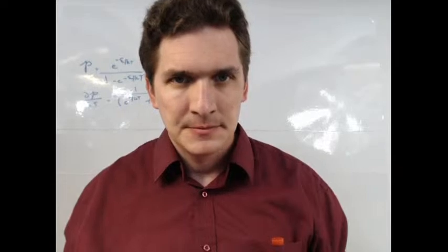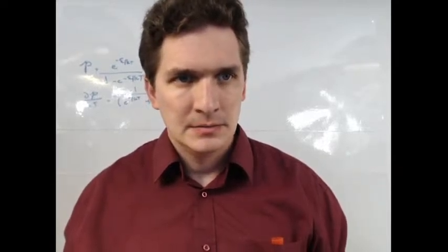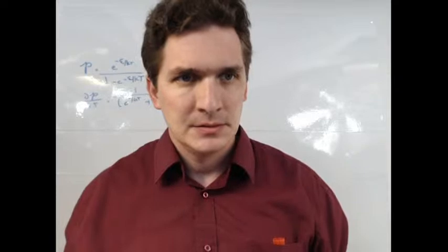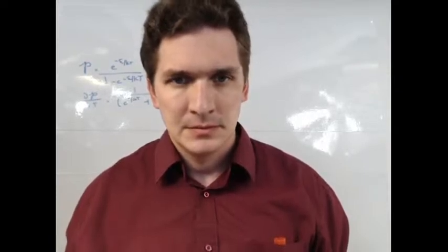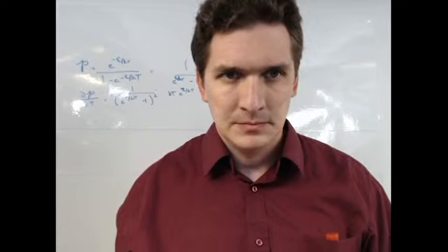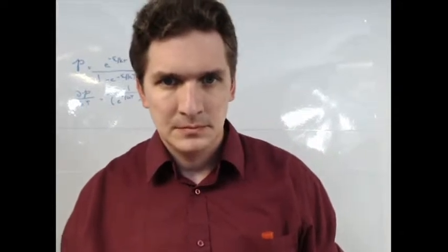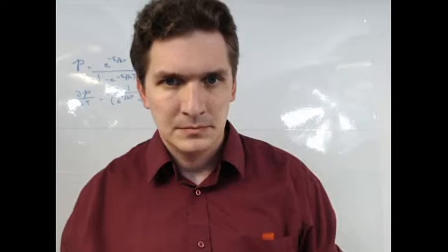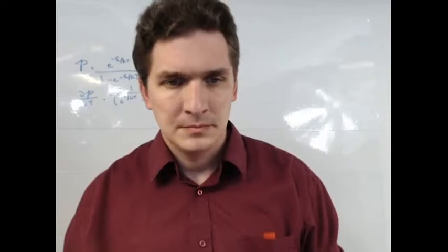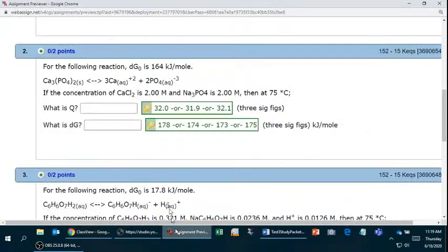The problem, CaCl2 at 2 molar. It's a pretty big number, so I'm guessing that's delta G. So the question's been asked about one of the problems on the homework, and the problem is this one here.